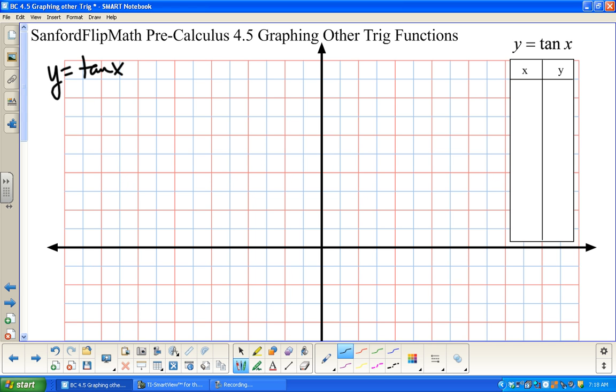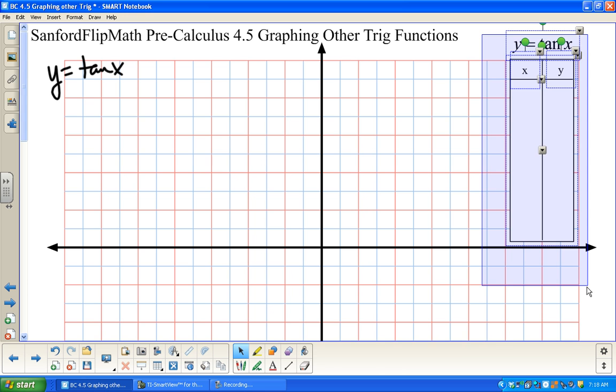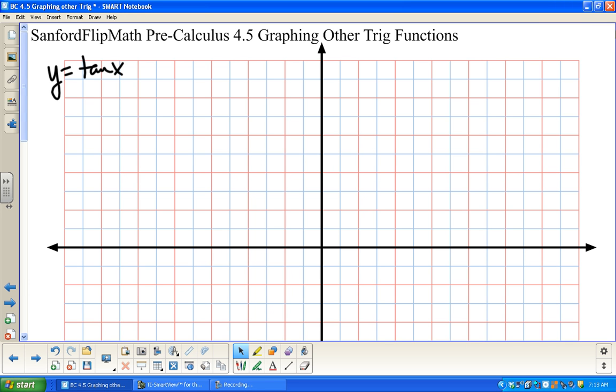And this is how I kind of expect things to go when we're in class, so you don't have to do this giant table of values. That table of values was just so we could establish a shape. Okay? All right, so here we go. I'm going to call this pi over 2. That's where the first asymptote is. This will be 3 pi over 2, and this will be negative pi over 2.